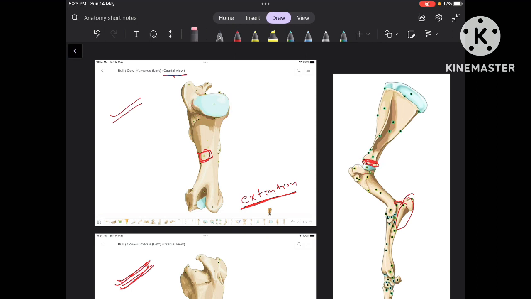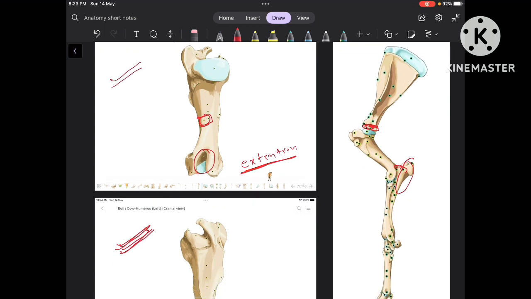This is again the olecranon fossa, and it receives the anconeus process of the ulna during extreme extension.